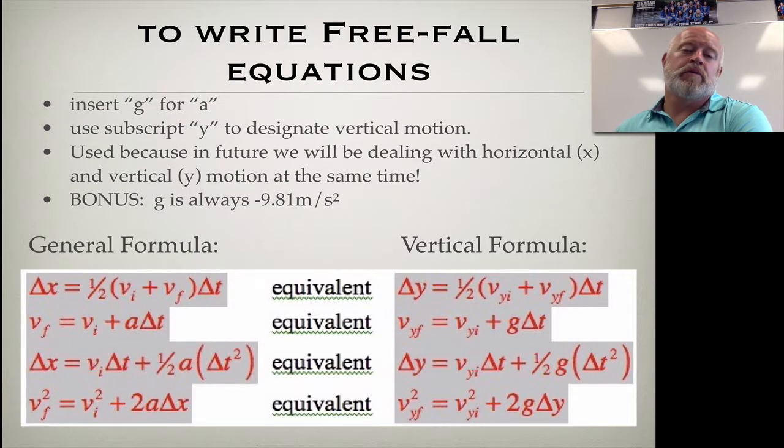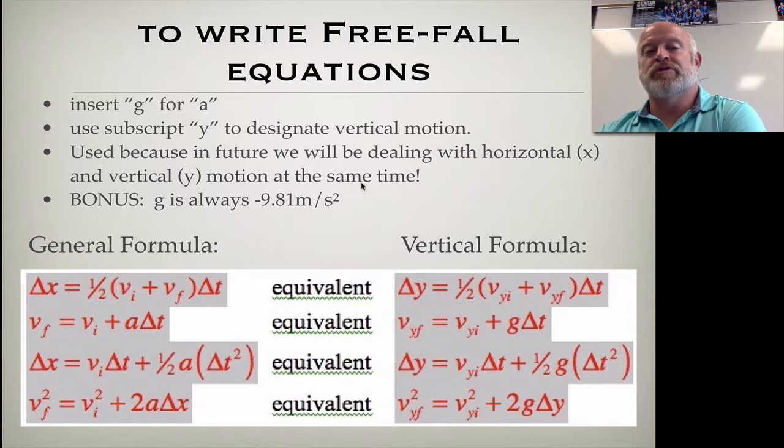Speaking of that, we really have nothing new in terms of our equations because the same math applies to free fall as it does to any other type of one-dimensional motion. All we need to do is modify our equations a little bit. So instead of having a, we're going to insert g into those instead. We're going to start tagging the subscript y to designate vertical motion. The reason why we do that is because in our next unit, we talk about two-dimensional motion, and we're actually going to have to track movement left and right as it's going up and down.